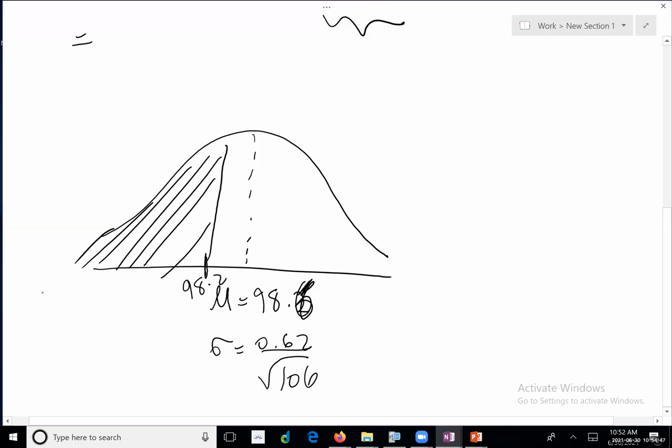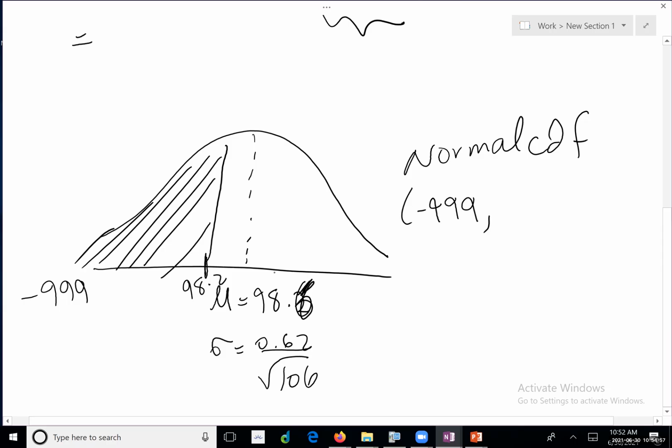Or lower means you have negative 999, so normal CDF, negative 999, comma, 98.2, comma, 98.6, comma, 0.62 over root 106. So this one, now it's good.